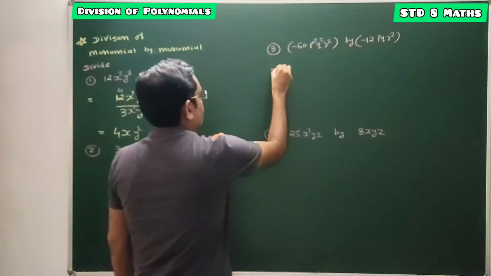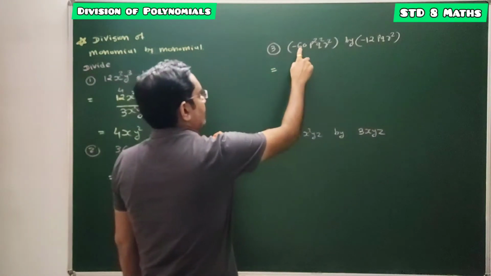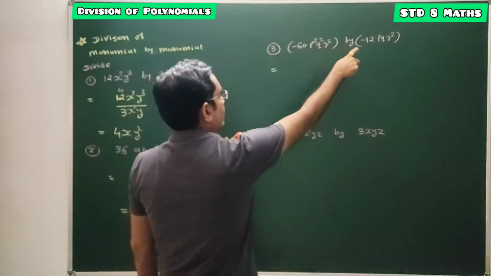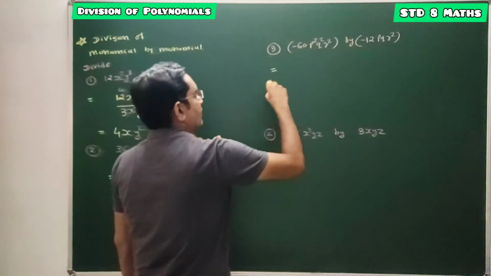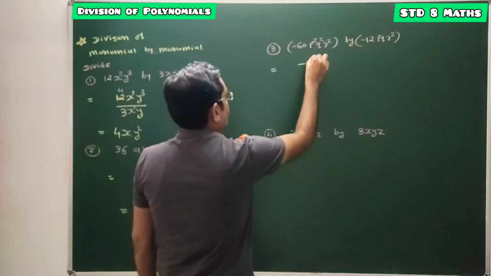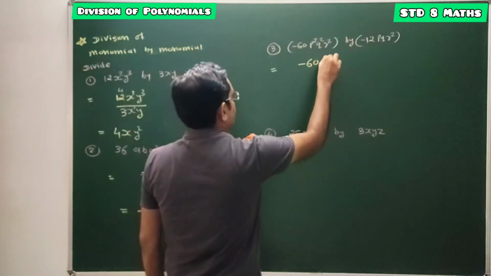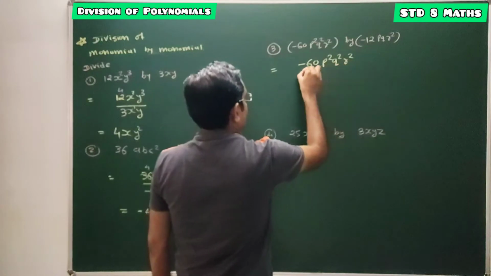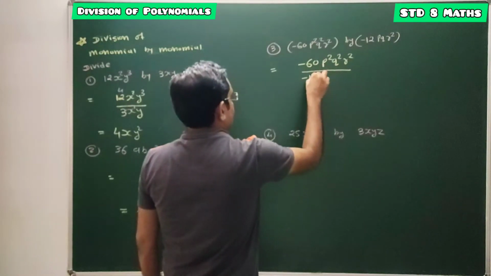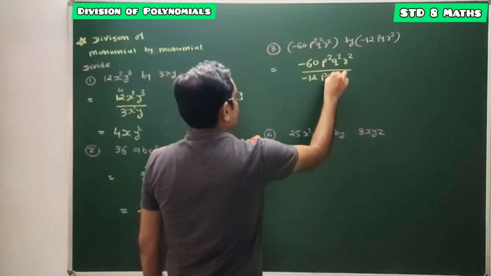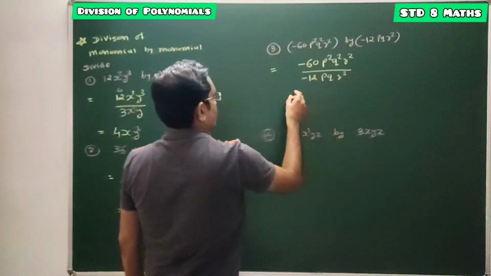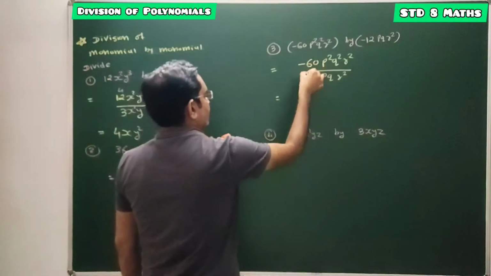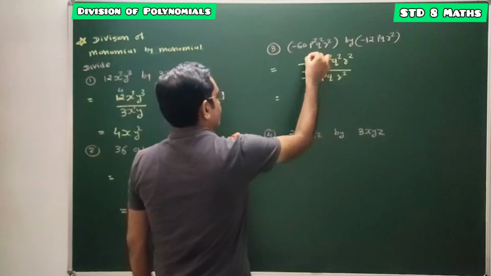Now question number 3. Here minus 60 p square q square r square divided by minus 12 p q r square. So numerator is 60 p square q square r square divided by minus 12 p q r square. So minus minus plus, 12 5s are 60.